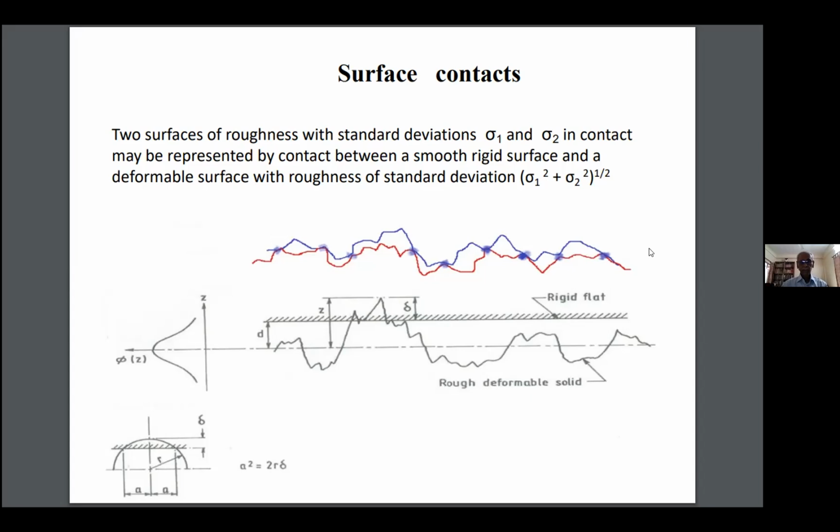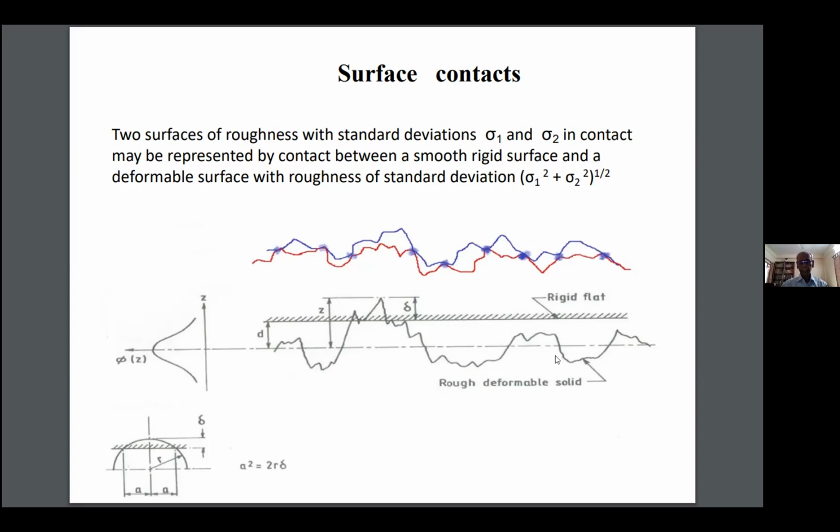When we are bringing two surfaces in contact, with standard deviations of surface height sigma 1 and sigma 2, we can replace this contact by the contact of a rigid flat surface and a rough deformable surface with the standard deviation of the rough deformable surface as (sigma 1 squared plus sigma 2 squared) to the power half. That means we have a very easy problem now to solve.